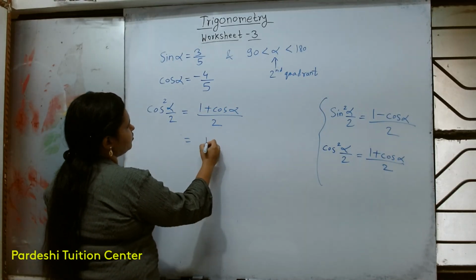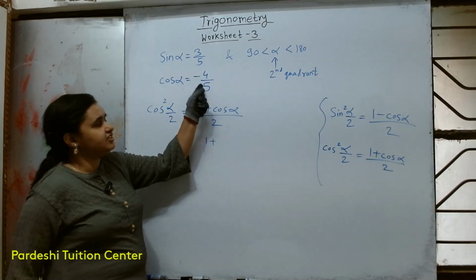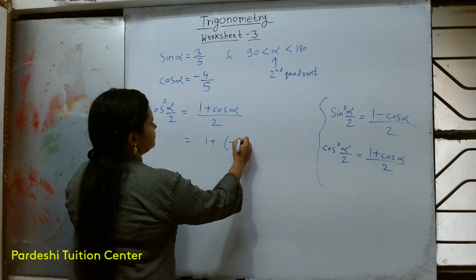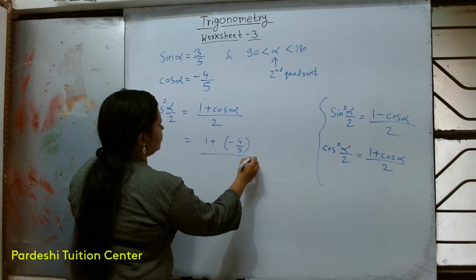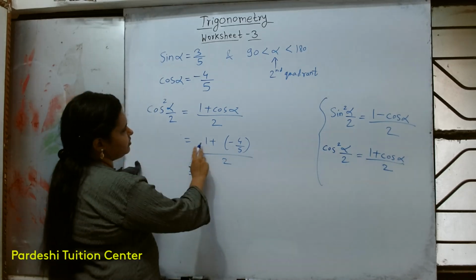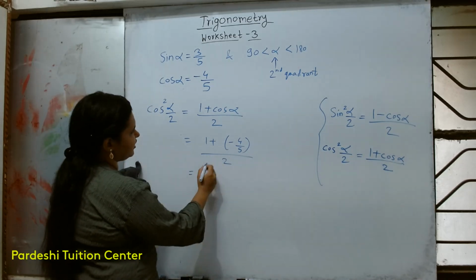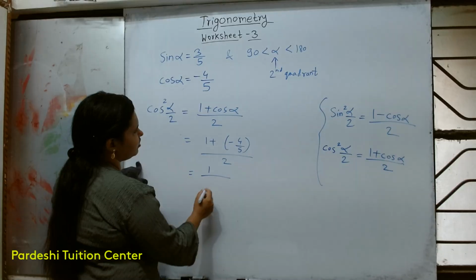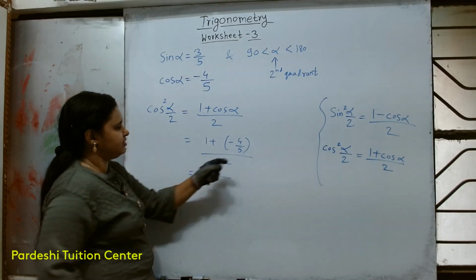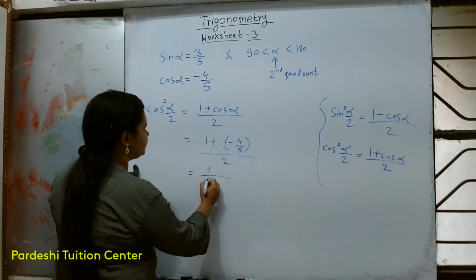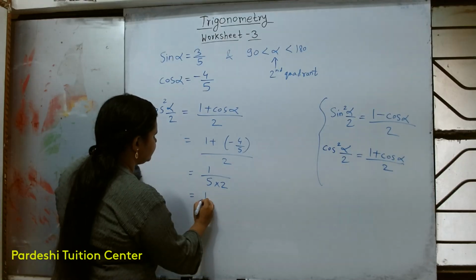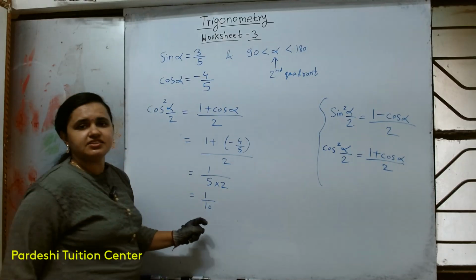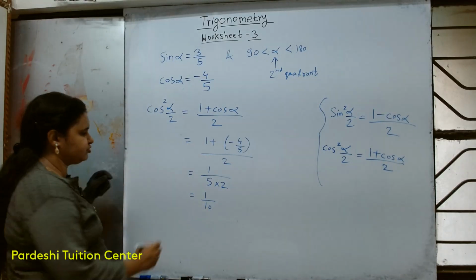So it will be (1 plus cos alpha), which is minus 4 by 5, upon 2. The LCM is taken as 5, 5 minus 4 is 1, so 1 upon 5 in the numerator, and it will combine with the denominator 2, so it will be 5 into 2. So it will be 1 upon 10, but this is the value of cos square alpha by 2.